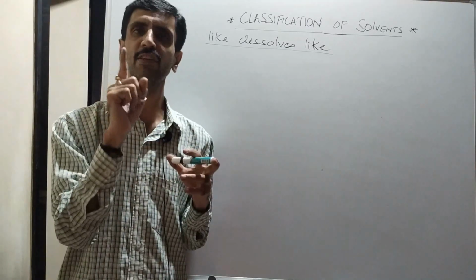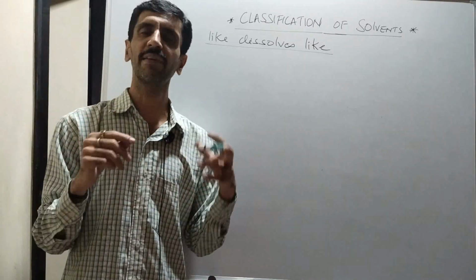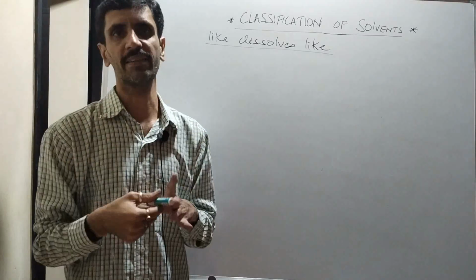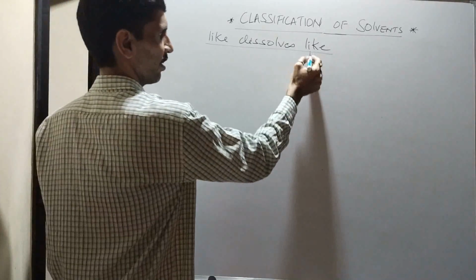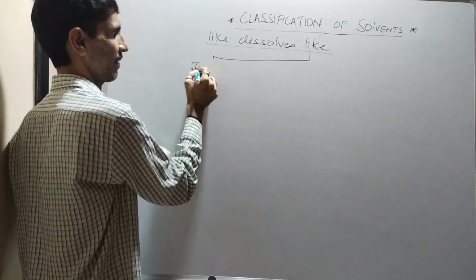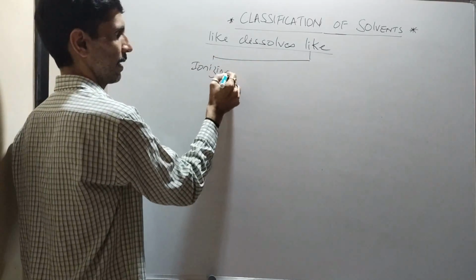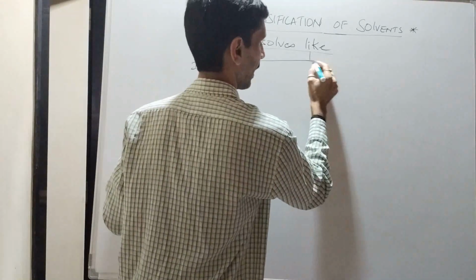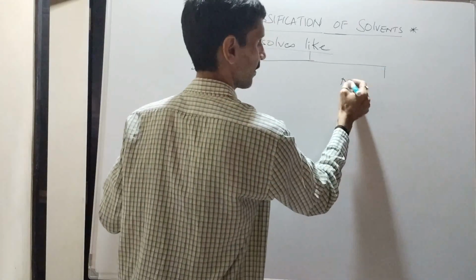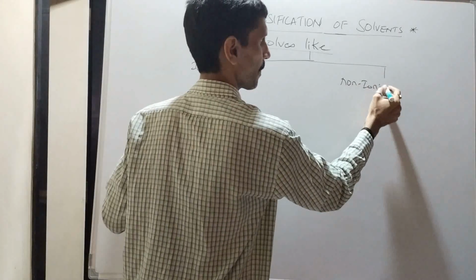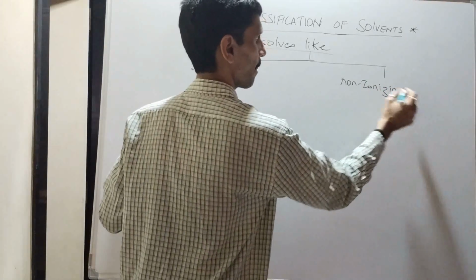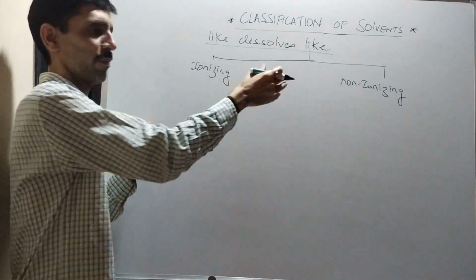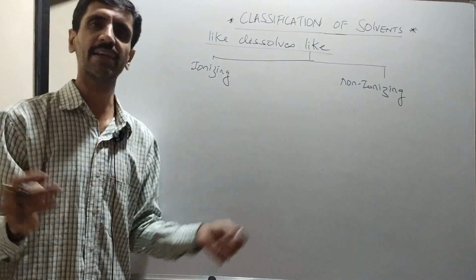Now on the basis of this principle, the solvents are being categorized into two parts. First is ionizing solvents, and the other one is, of course, non-ionizing solvents. Once you understand ionizing, make it opposite, so you get non-ionizing. It's as simple as that.